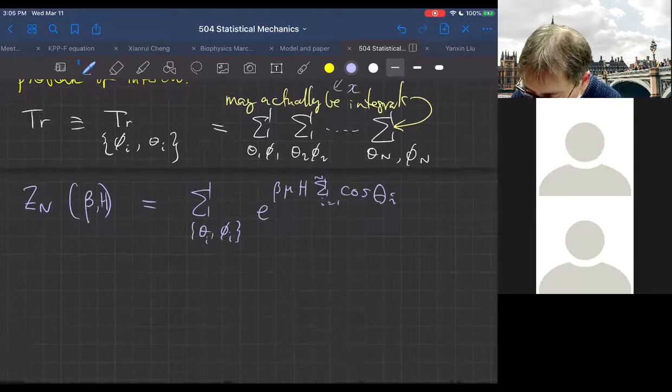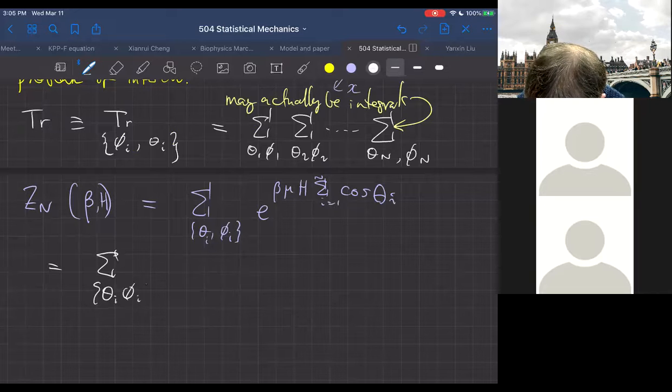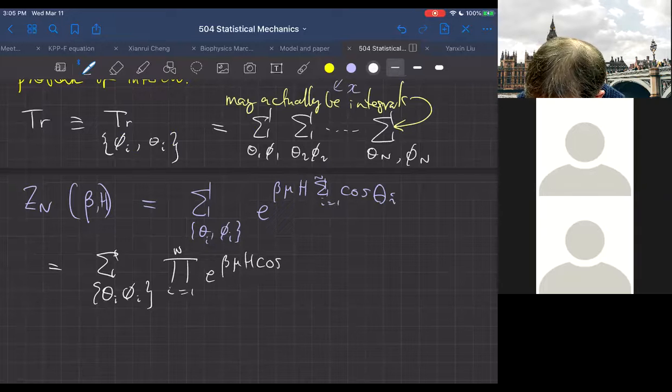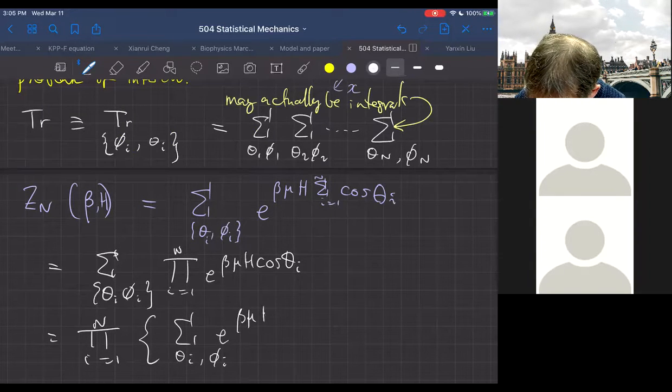And now I can factorize this. So this is then just equal to the sums over the thetas and phi's, and then the product from I equals 1 to n of e to the beta mu h cosine theta I. And then I can write this as the product from I equals 1 to n of just the partition function of just theta I phi I e to the beta mu h cosine theta I.